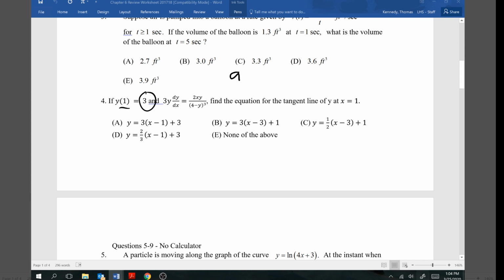So I get 9 dy dx equals 6 over 1. Cool, that was pretty easy to plug in. Which means my slope is 2/3. Cool, done. 4 is in the books. Yeah, that one works out a lot nicer than it appears it's going to.